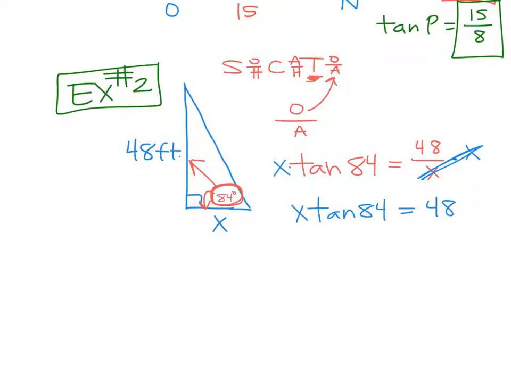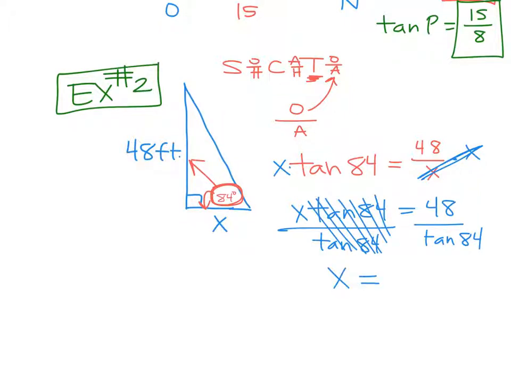Tan 84 is a number, so you don't want to divide by 84. You want to divide by tan 84. So I'm going to divide by tan 84 on both sides. This goes away, and I'm left with x equals 48 divided by tan 84.